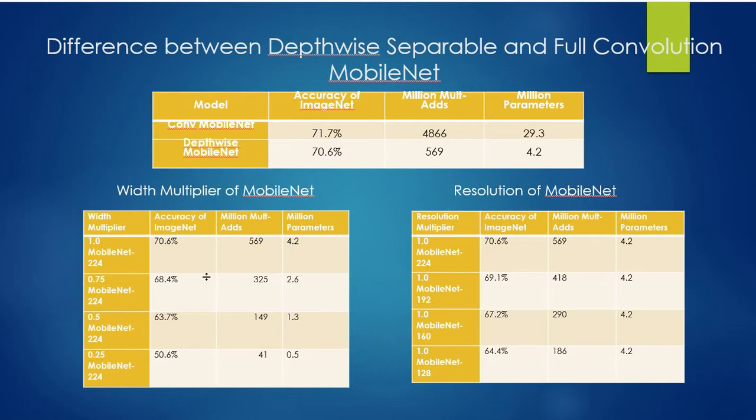This is the width multiplier table, and this indicates the width multiplier alpha. Here the value of alpha is between 0 and 1, and this is the resolution table. This shows the input resolution multiplier, and if the resolution is decreased, then the accuracy is also reduced accordingly.